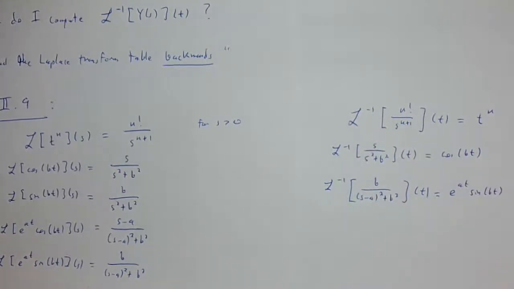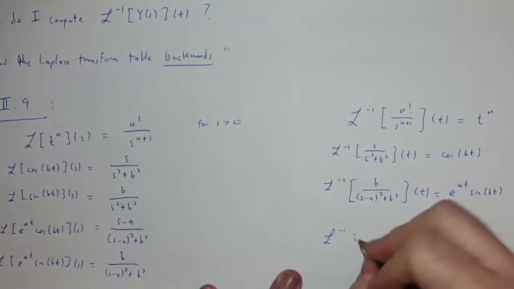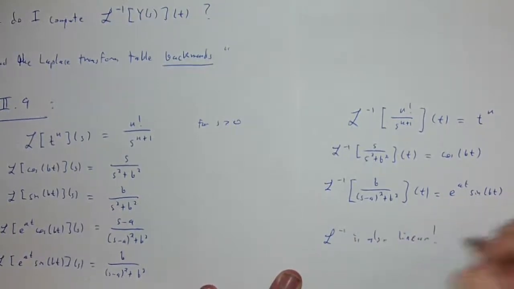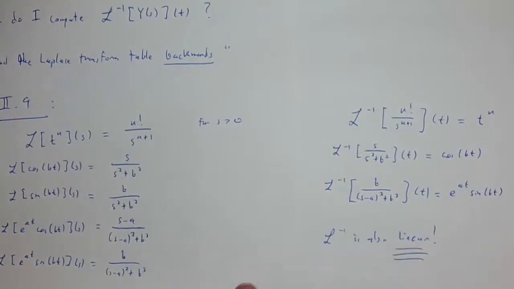A couple of things to note. The Laplace transform is linear. So is the inverse Laplace transform. This is actually very important because what it means is that you can use this fact to split up the thing you're trying to take the inverse Laplace transform of into pieces that make it more manageable. Okay?